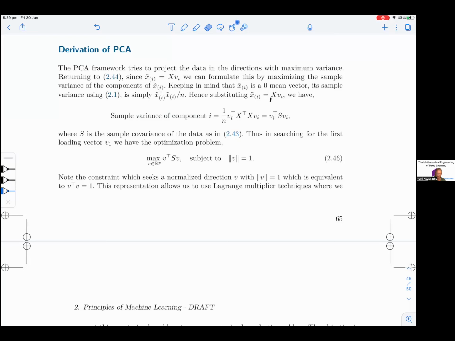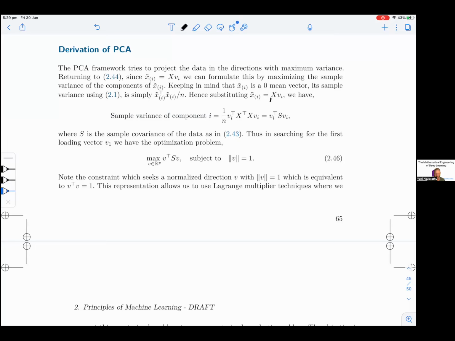Basically, we might want to maximize the sample variance of component I. So we might want to maximize this thing, subject to V being of norm 1, okay, because that was one constraint we wanted. Note the constraint which seeks a normalized direction V1, which is equivalent to V transpose V equals 1.